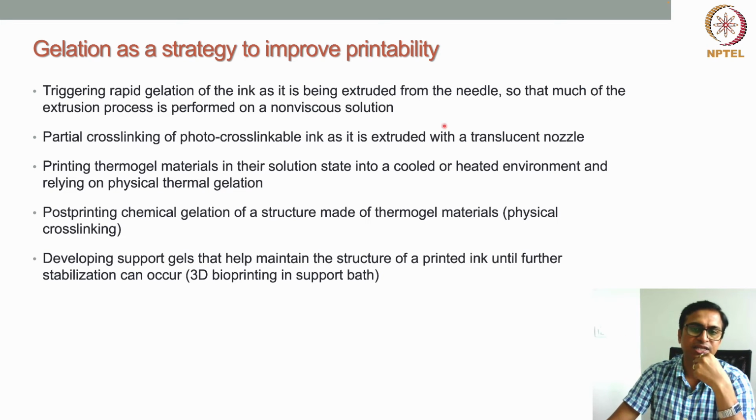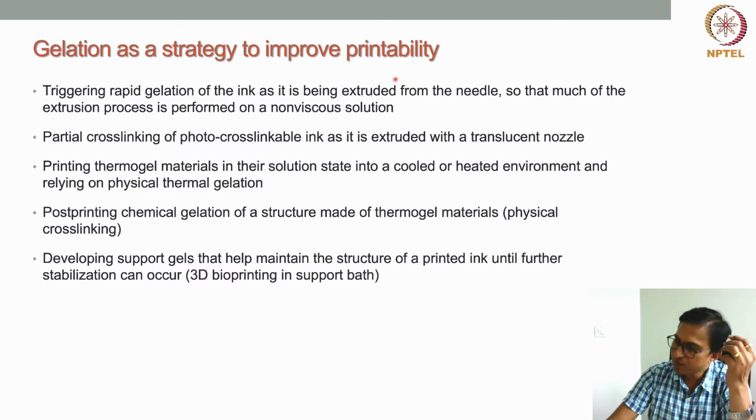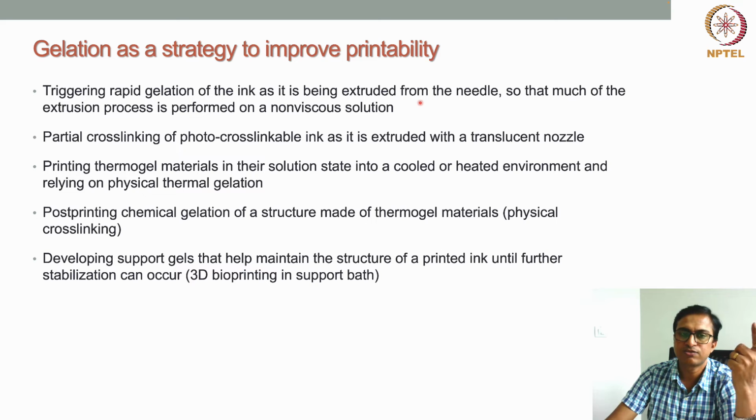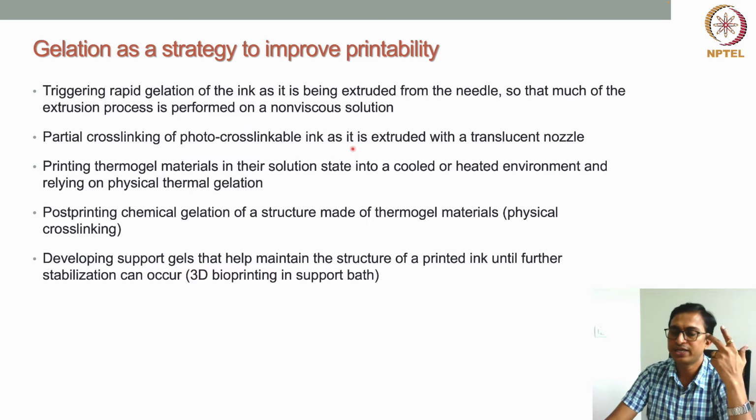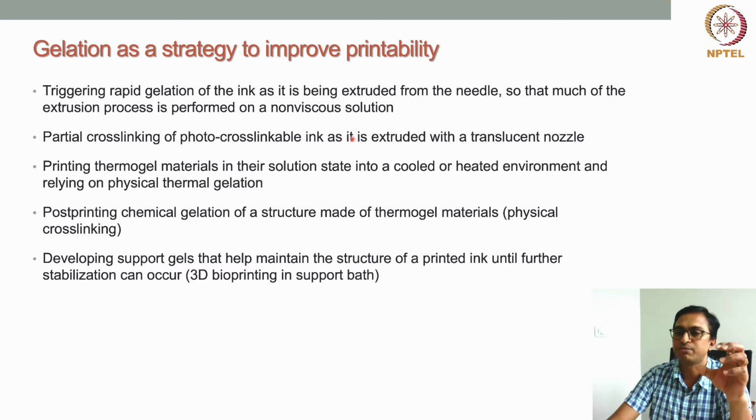So triggering rapid gelation is typically done when we use ionic gelation or photo cross-linking, or any physical gelation, temperature-induced gelation. All these things can be very well used in the first case. Photo cross-linking is another way to solidify the material, as we have discussed in the earlier lectures.